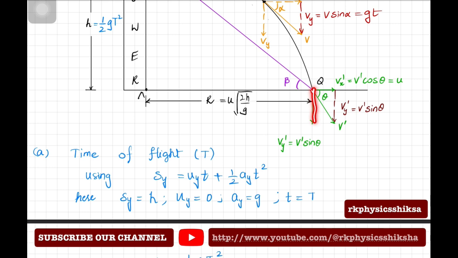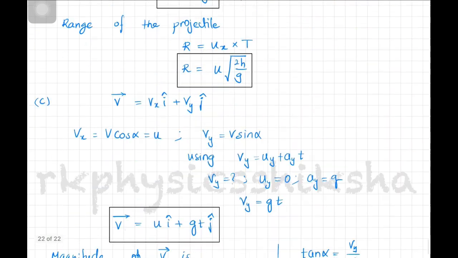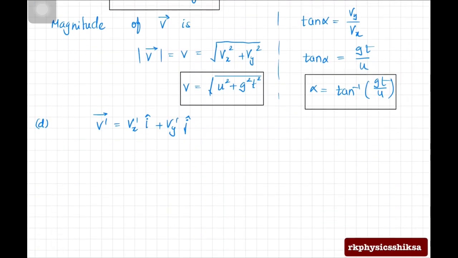And its vertical component of velocity is Vy dash, which is equal to V dash sin theta, which is to be calculated. Vx dash is equal to V dash cos theta, which I take as u, because it will always remain constant. Vy dash is to be calculated.